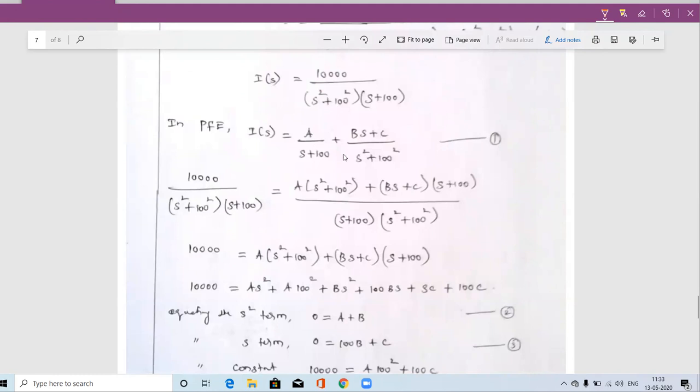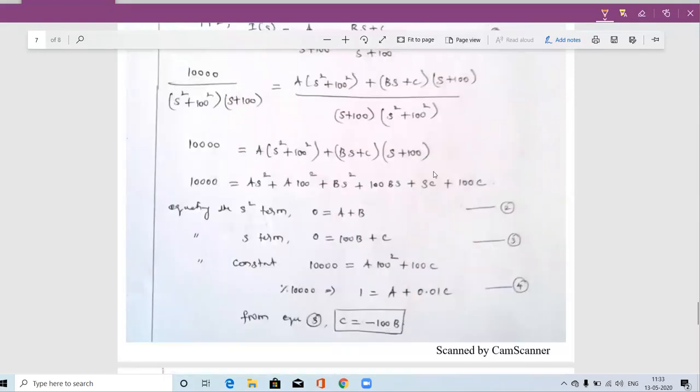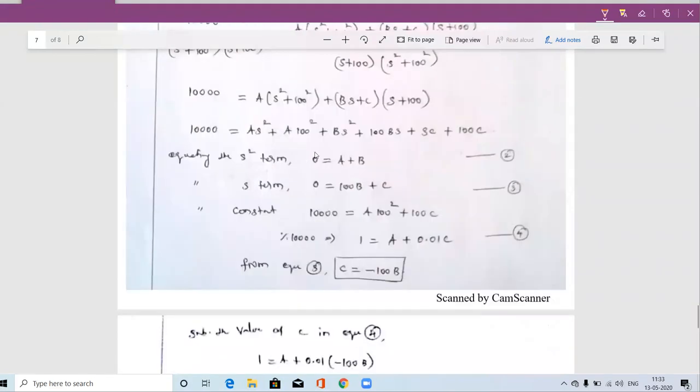Okay, next method. So next one, அதே மாதிரி similarly you have to take LCM. Okay, LCM and rearrange it. Up here this denominator, both the terms get cancelled. Then we have to expand it. Correct? We have to expand it, and in this you see the s squared term is these 2. Correct? அப்ப equating the s squared coefficient, we will get the equation a plus b equal to 0.